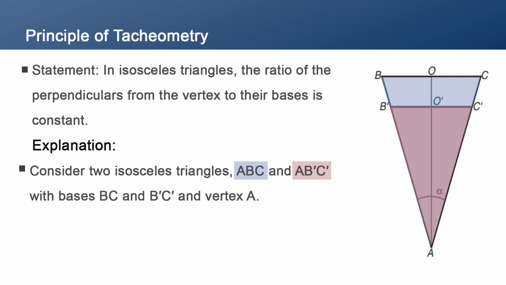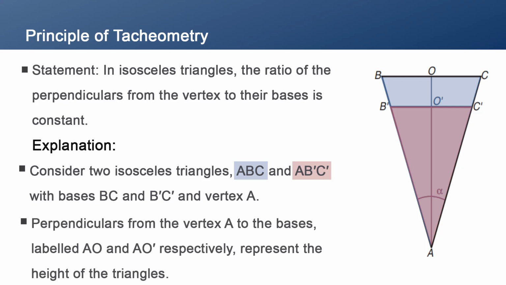In these triangles, the bases are BC and B'C' with the vertex positioned at A. The perpendiculars from the vertex A to the bases, labelled AO and AO' respectively, represent the height of the triangles. The ratio of AO to AO' remains constant due to the isosceles nature of the triangles.